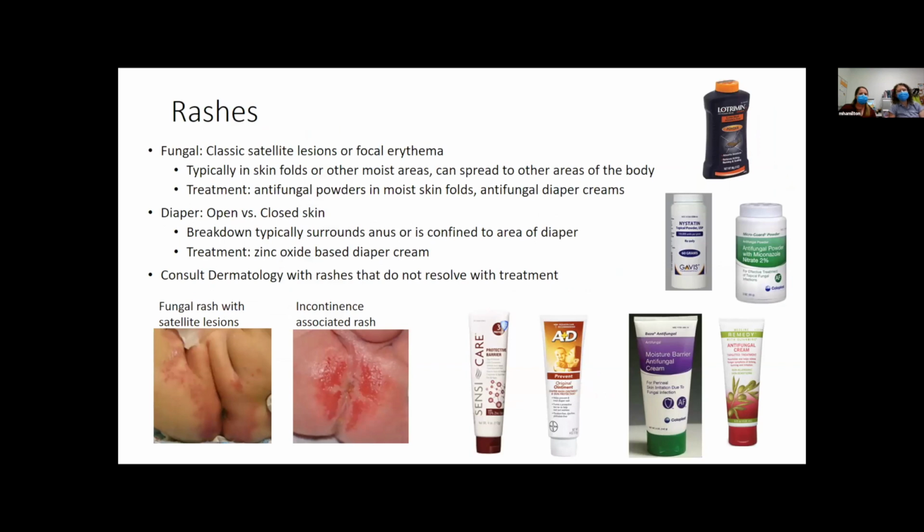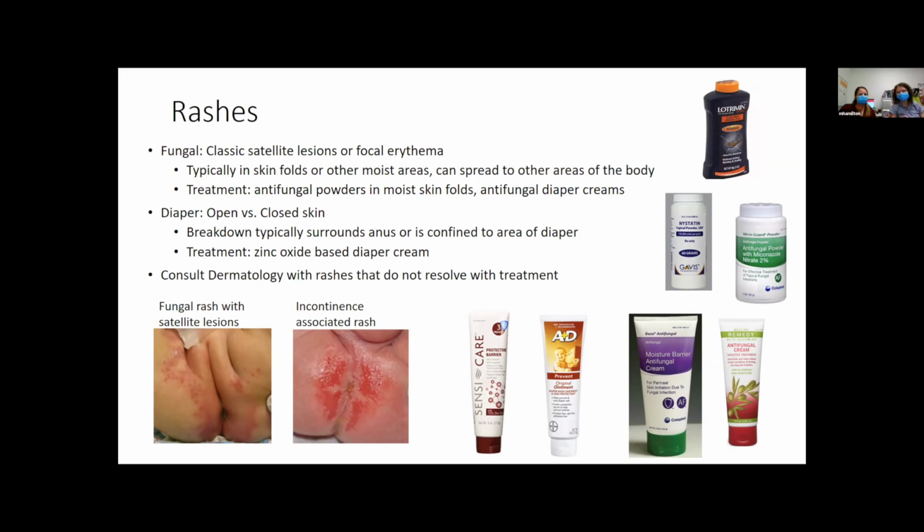And then a little bit about rashes. So the picture in the bottom left corner, the two pictures, the one on the left shows what we would consider to be a pretty classic fungal rash. You can see red dots that kind of extend away from the reddest part of the wound, and those red dots become little satellite lesions. You see them extending further and further.